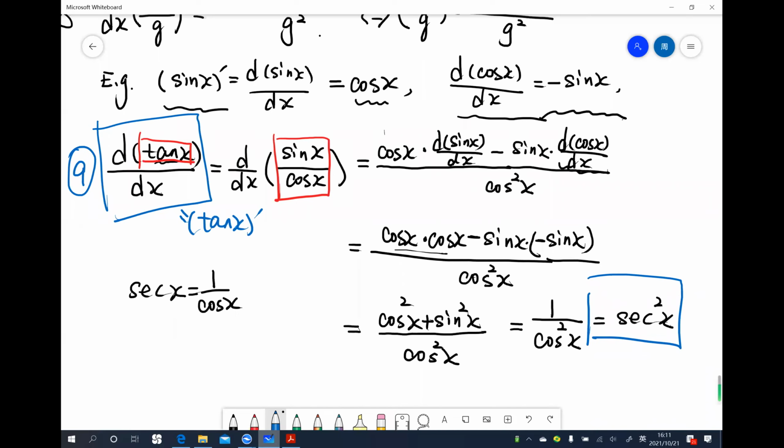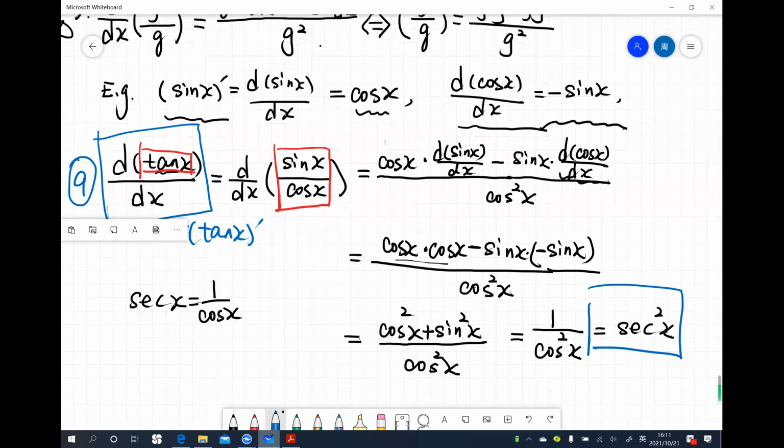So you can add this formula to the formulas I listed above. Okay, this is number 9: d tangent x by dx equals secant x squared. We use the quotient rule here. Any questions?